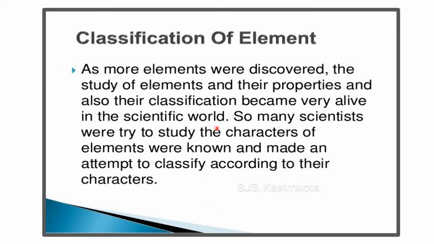As more elements were discovered, the study of elements and their properties and also their classification became very lively in the scientific world. Let me explain what it is. When more elements were discovered, it had become difficult to know their properties and to classify them also. So many scientists tried to study the characters of the elements and made an attempt to classify them according to their characters.